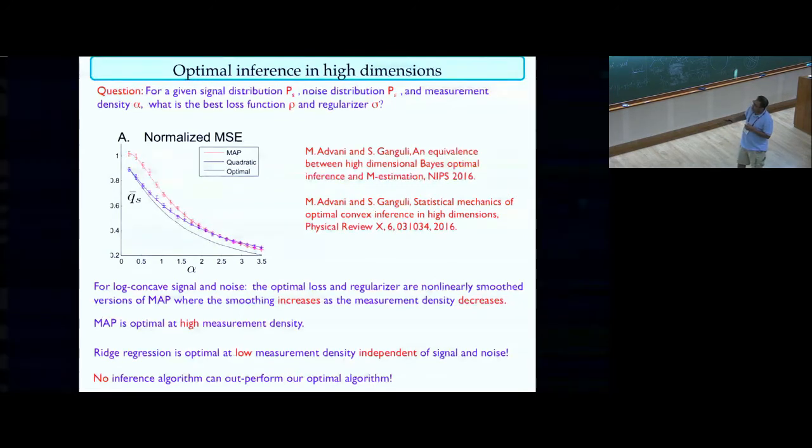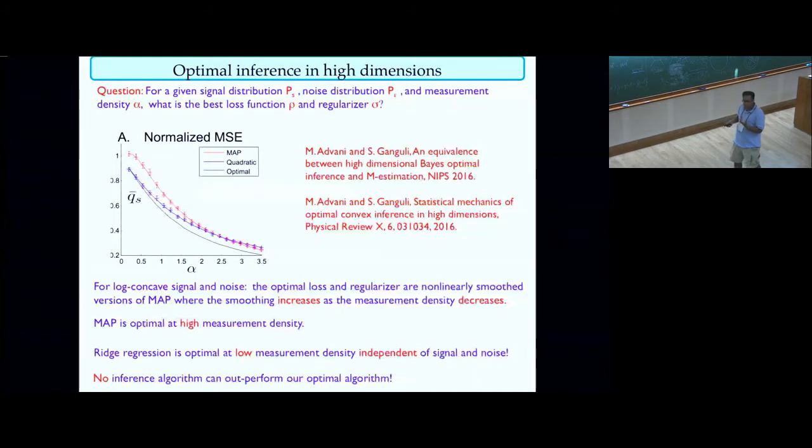And so as you can see, at large measurement density, MAP estimation does best. The red one does best. At small measurement density, quadratic or ridge regression does best. The blue one does best. And the optimal one is, of course, always the best everywhere. Okay? And the quadratic one approaches optimality here, and MAP will approach optimality here. Okay?